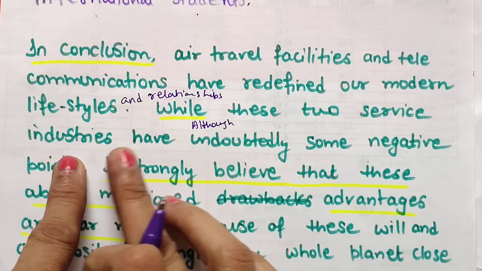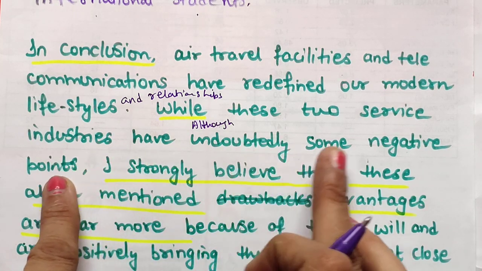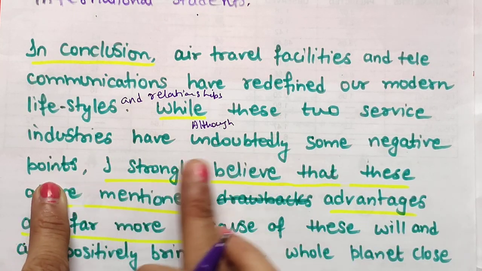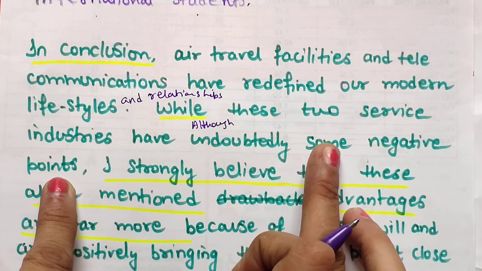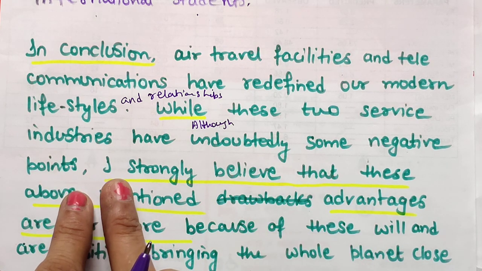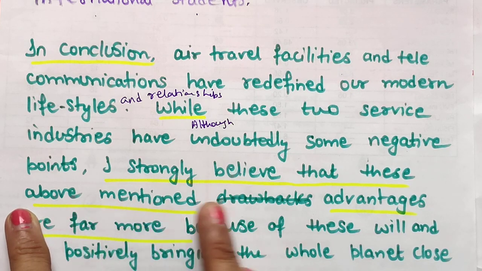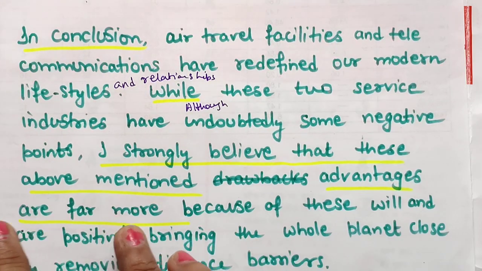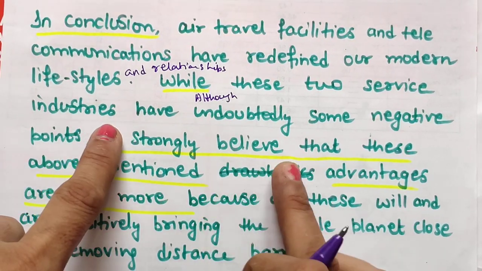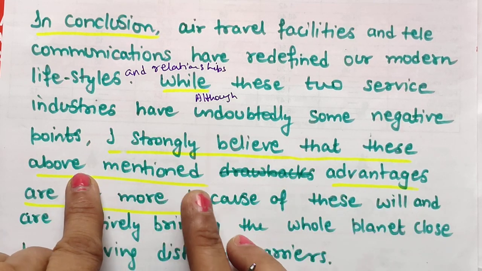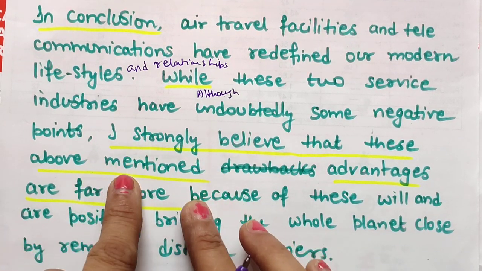Although these two service industries have undoubtedly some negative points, so we have written negative points also, drawbacks. So comma, I strongly believe that these above mentioned advantages are far more, because these are also ready-made lines, you can use them in your essay, there is no harm.